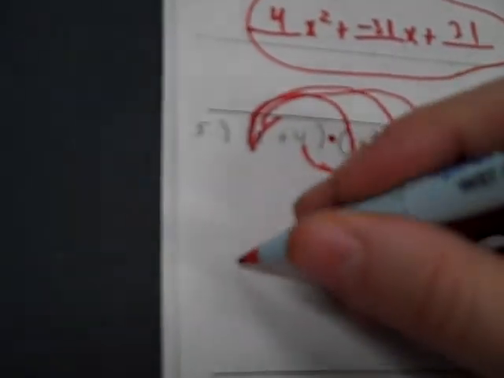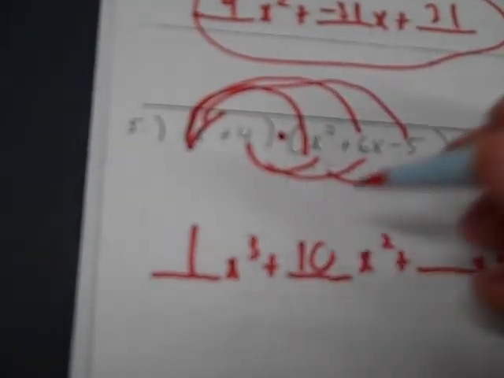Now look at all your powers. Some of them are identical, like these x's with a second power and these x's with a first power. So we're going to want to make blanks starting with x to the third. Okay, so x to the third, we have the 1. x second, we have a 6 plus 4, and that's 10.